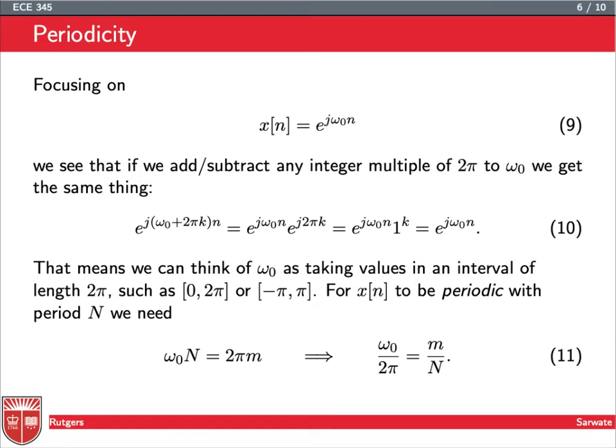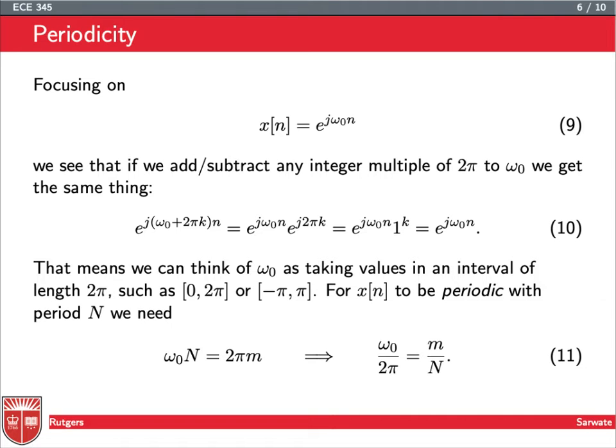So this means we can think of omega naught as taking values in an interval of length 2 pi, so we don't have to worry about arbitrary omega naught, but basically only omega naught modulo 2 pi. And so we can think of it as either being between 0 and 2 pi, or minus pi and pi.